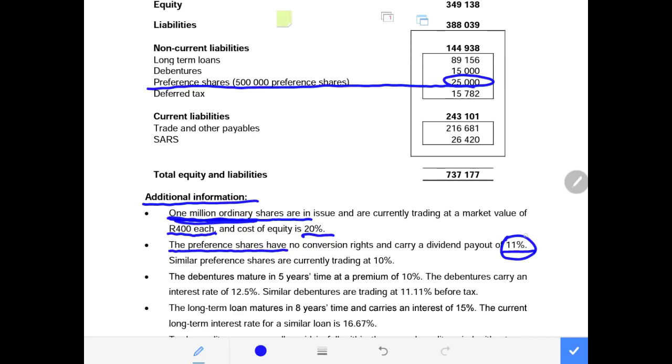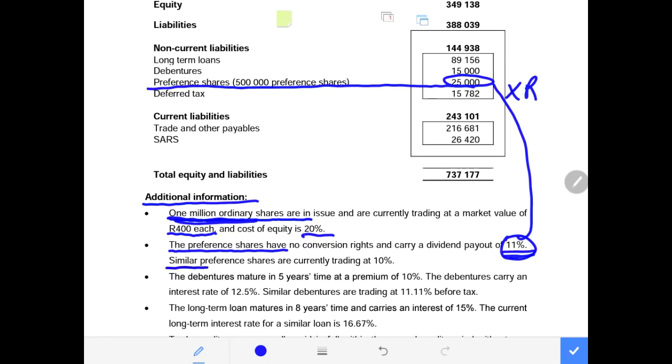So 11% of this amount will be what we call preference dividends, meaning dividends that are paid by this company to the preference shareholders at the agreed 11%, which is the rate that these preferences were bought at.